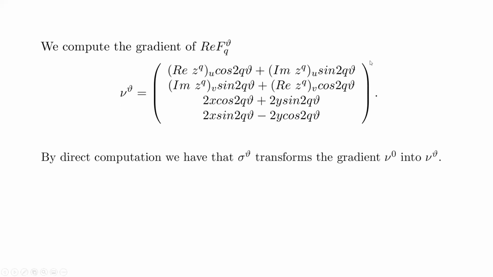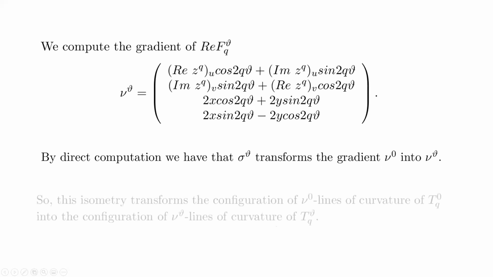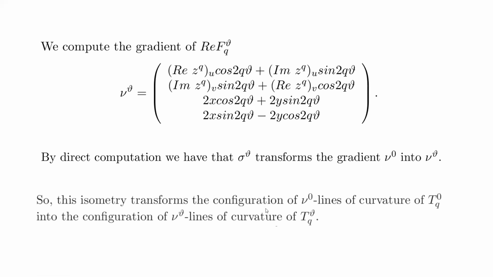Observe that the gradient in zero transforms to this gradient by theta, sigma theta, sorry, and we obtain that this configuration is transformed into the configuration given by nu theta. Okay, because it's an isometry and because the gradients behave properly. So this is the general idea. Of course, you have to give a detailed proof, but this is the reason why it works.